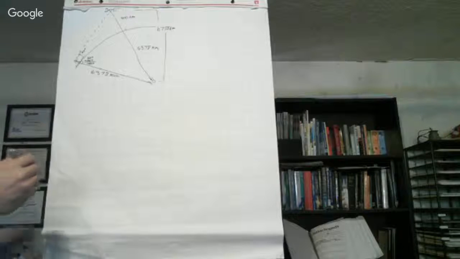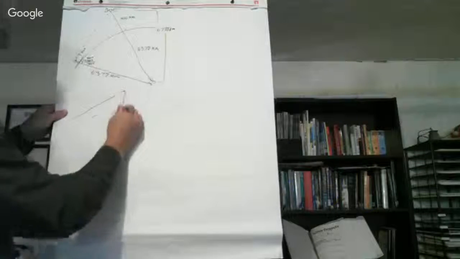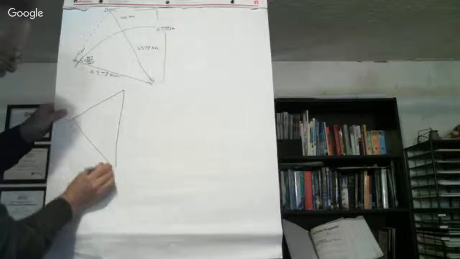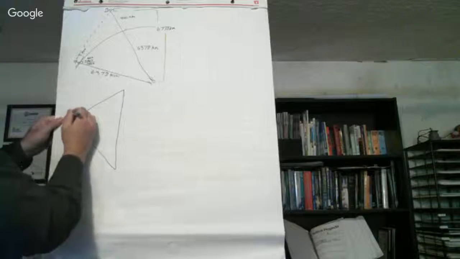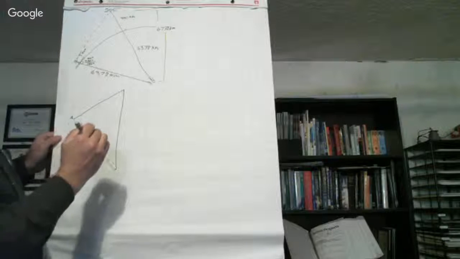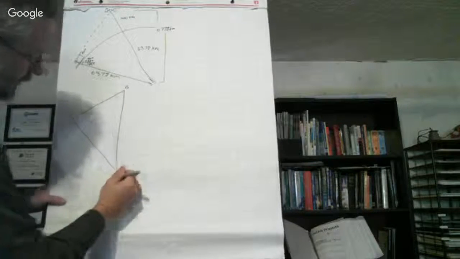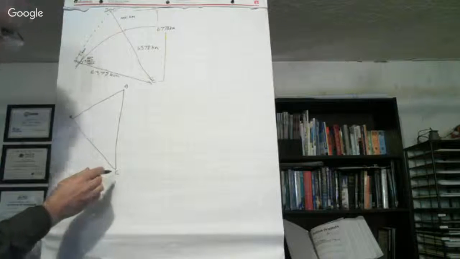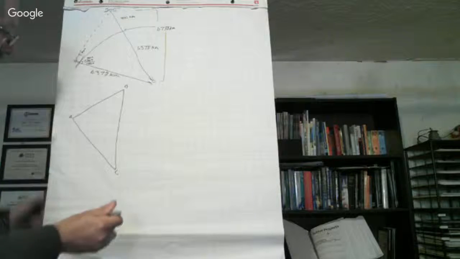So let's restate what we know of this triangle. Our triangle has angles, and what we'll do is we'll call this A, and we'll call this B, we'll call this C, and we will label the sides opposite of the angles with the lowercase letter.